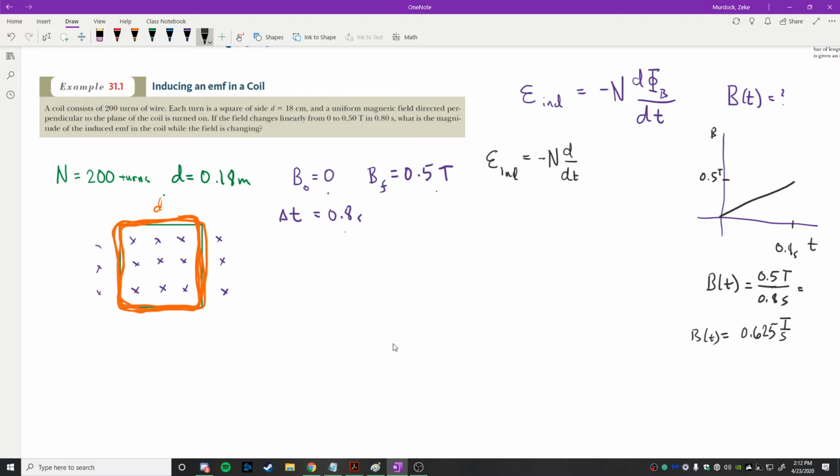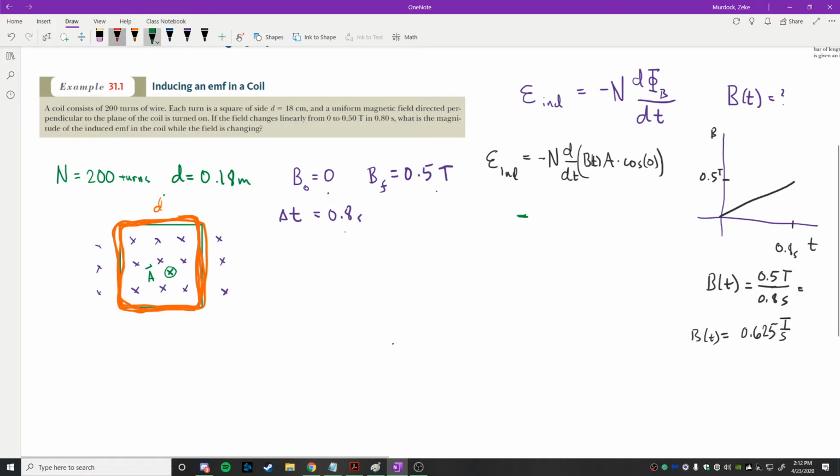Now flux is going to be equal to the magnetic field as a function of time, multiplied by the area of the coil, and multiplied by the cosine of the angle between the area vector and the magnetic field, which is going to be 0. The area vector, in this case, is also going to point into the board, or into the screen.